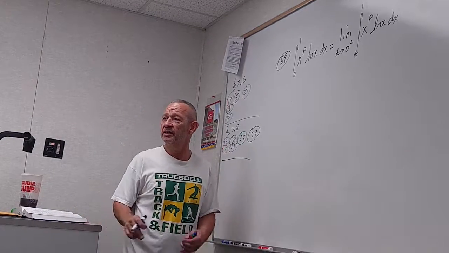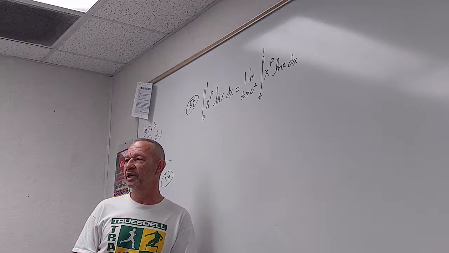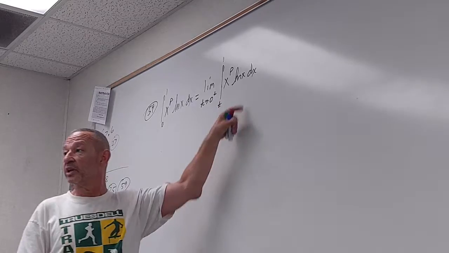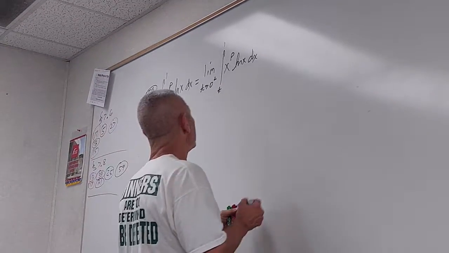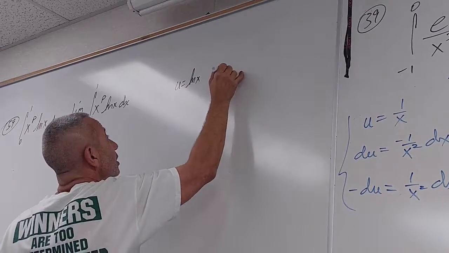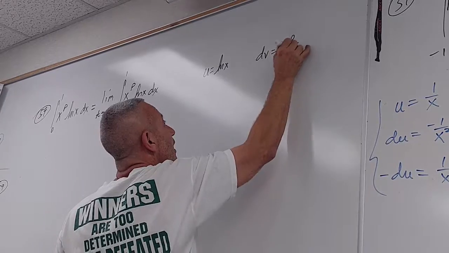IBP. Integration by parts. Right, because we've got a polynomial times an ln. So here we're going to let u equal ln x, and we're going to let dv equal x to the p dx.